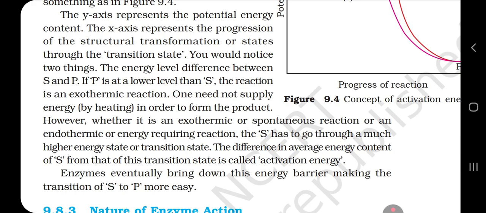However, whether it is an exothermic or spontaneous reaction, or an endothermic or energy-requiring reaction, the S has to go through a much higher energy state, the transition state. The difference in average energy content of S from that of this transition state is called the activation energy. Enzymes eventually bring down this energy barrier, making the transition of S to P easier.